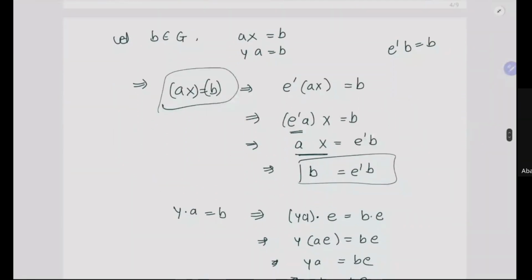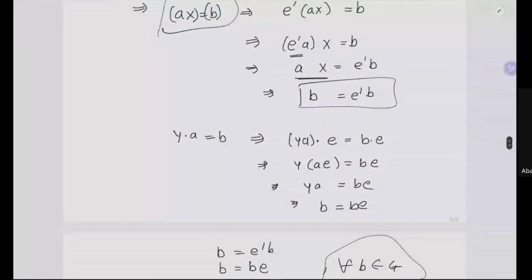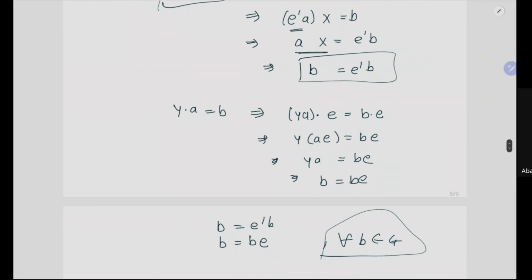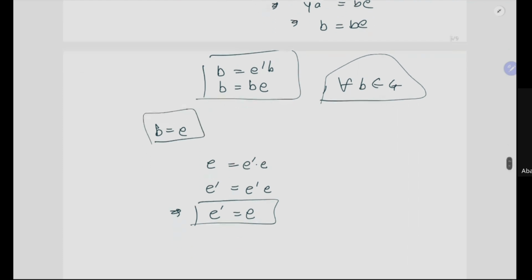We had to make this true, that for any given element we need to have this condition. This is exactly what we were doing: this E dash and E which we got are solutions to both of these. The B which we needed to choose was actually E itself.